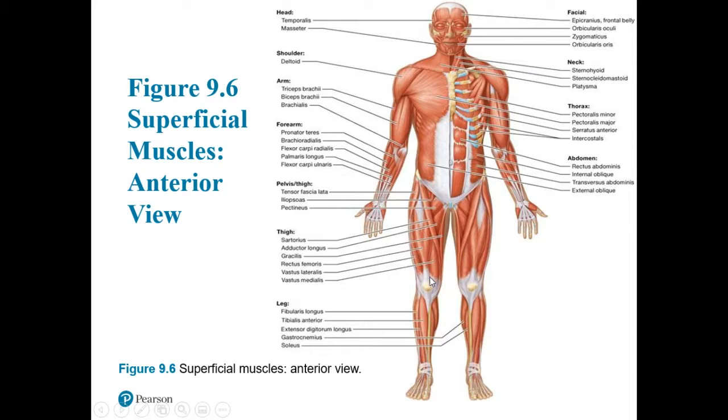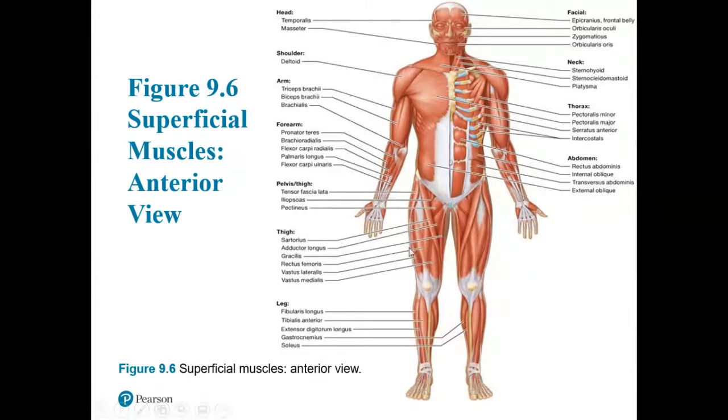Now the rectus femoris, vastus lateralis, vastus medialis, those three are involved in the quads. So those would mostly make up the anterior aspect of your upper leg. All right, so those nice muscles that come out, right, if you run a lot, right?